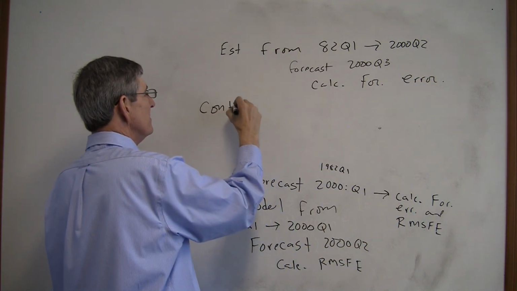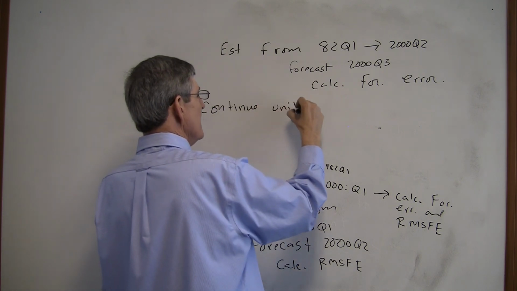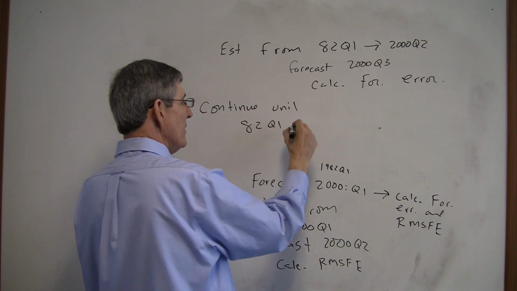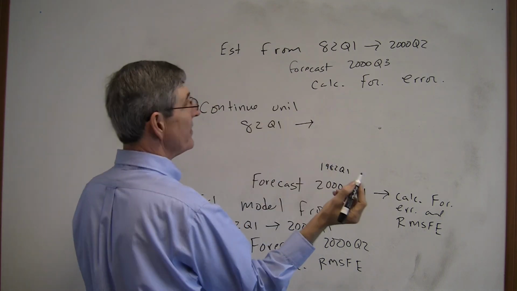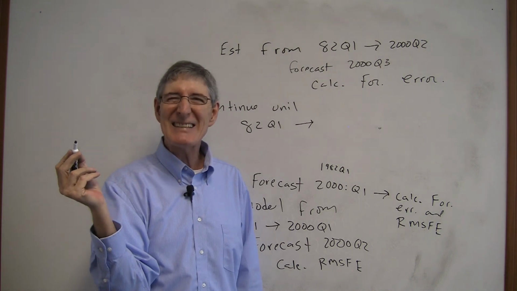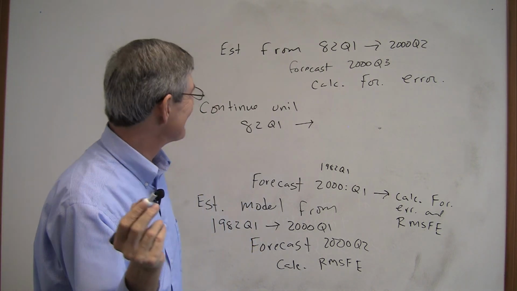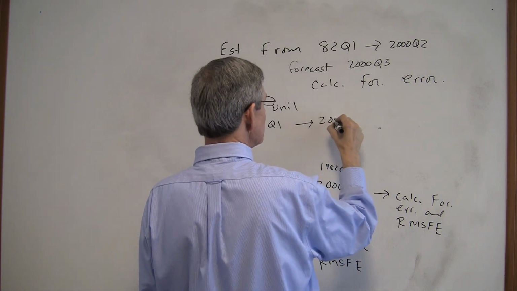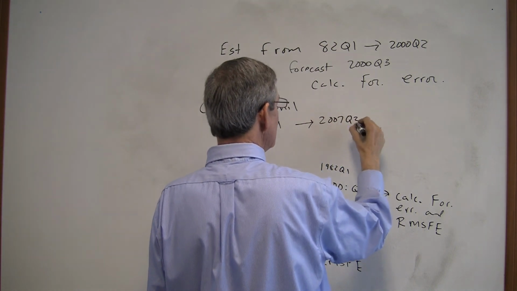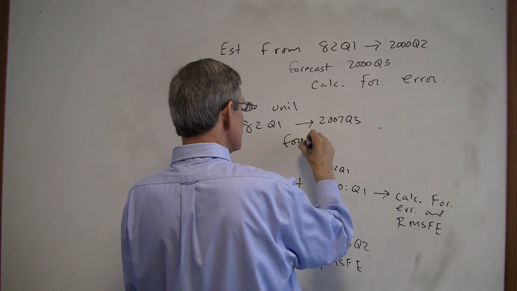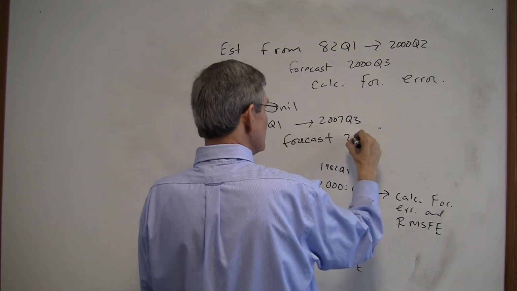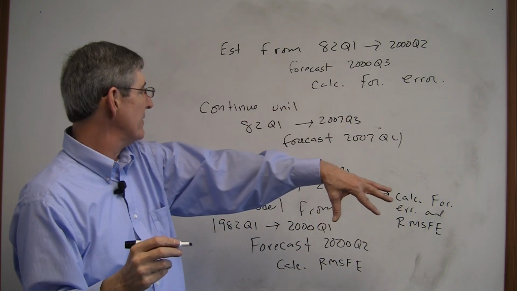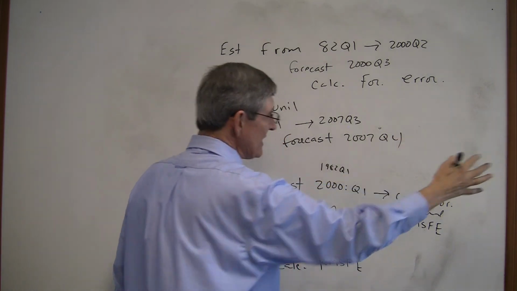Continue until you estimate from 82 Q1 through, where's my data end? I think I said 2007 Q4. Let's pretend like that's what I said. Through 2007 Q3, and then you'd forecast 2007 Q4, and that's as far as you can go, because the next one we wouldn't have, and find the forecast error and so on.